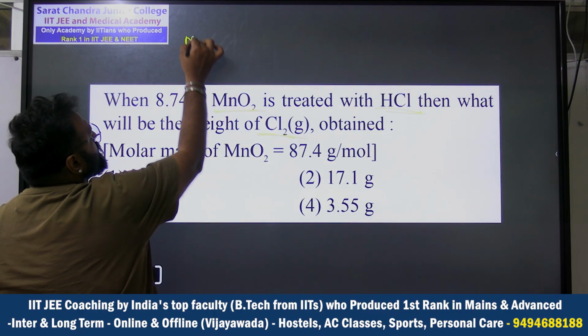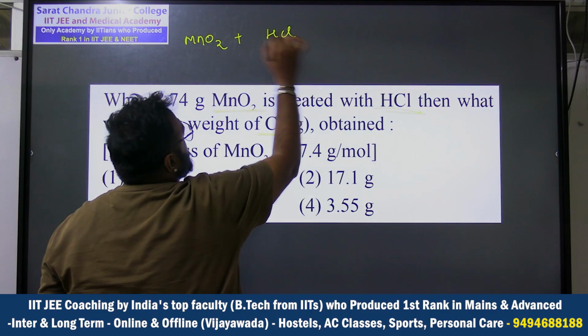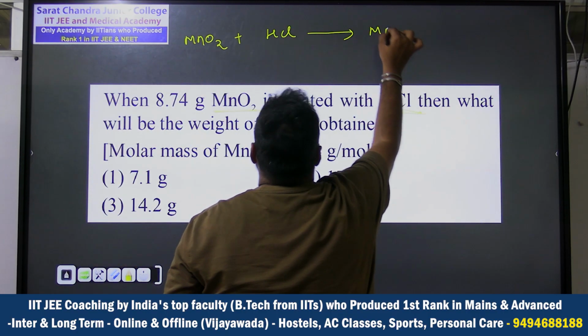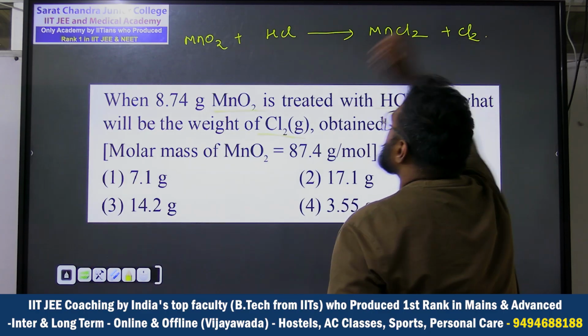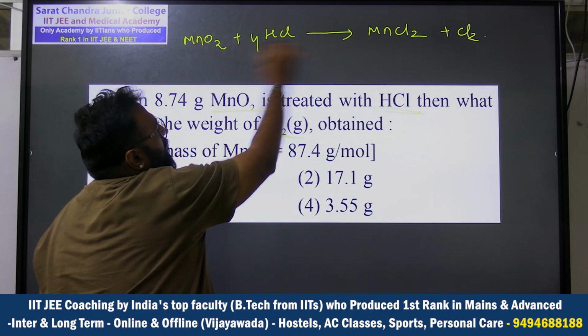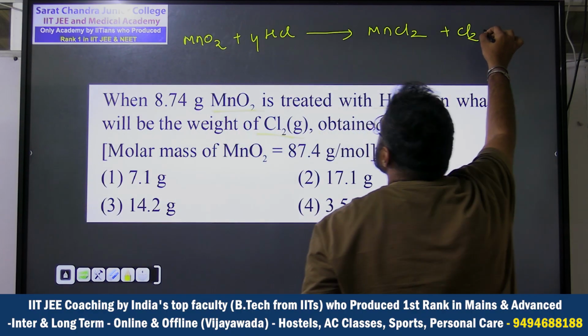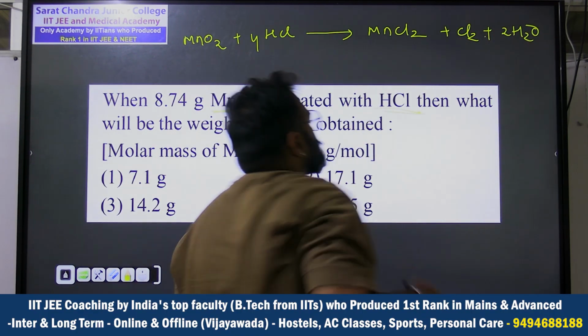So what will be the reaction? MnO2 plus HCl gives MnCl2 plus Cl2 plus 2H2O. This will be our reaction.